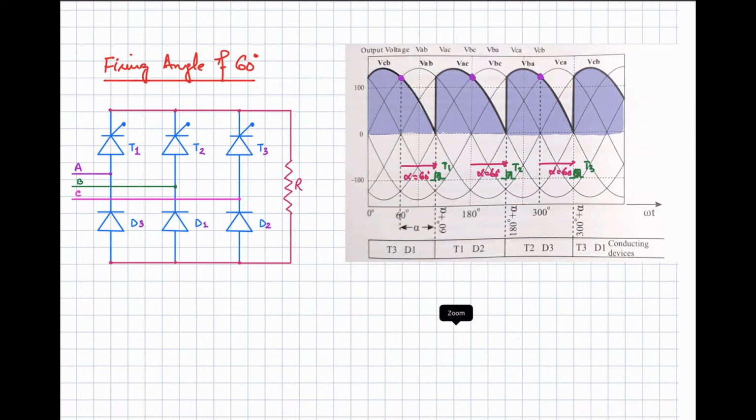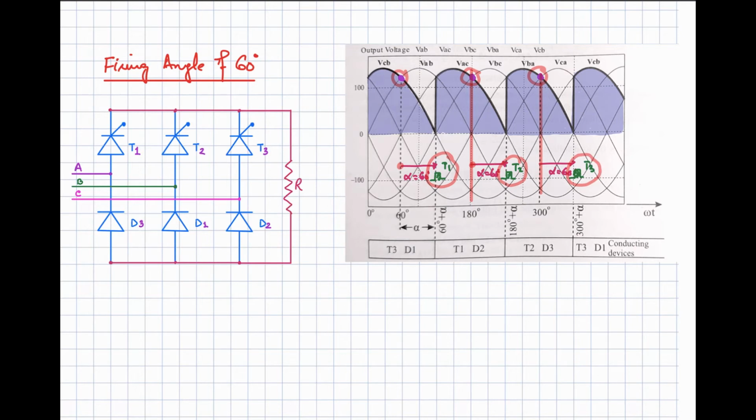Now let's quickly look at what will be the situation at the angle of 60 degree. This is the reference point, this is the reference point, this is the reference point. So we will be applying the pulse to the first thyristor at an angle of 60 degree from its reference point, 60 degree for the second thyristor, but its reference point is this one, and the reference point for the third thyristor is this one. So we will be applying the pulse at this position.